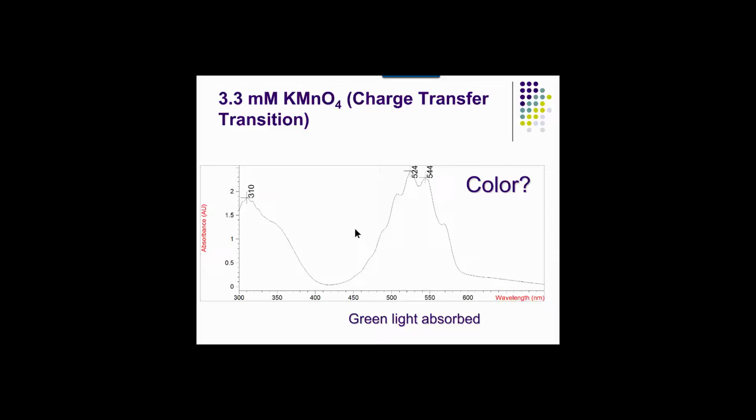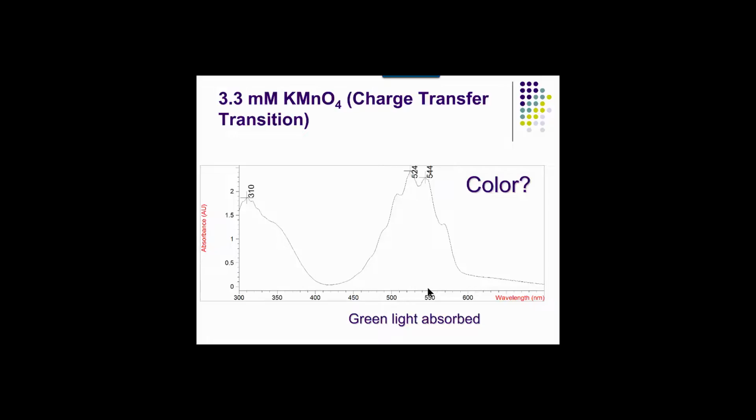But what I want to focus on here today is the charge transfer transition. And I've marked for you that there are 2 overlapping transitions. There's actually a whole manifold of transitions centered around about 530 nanometers.